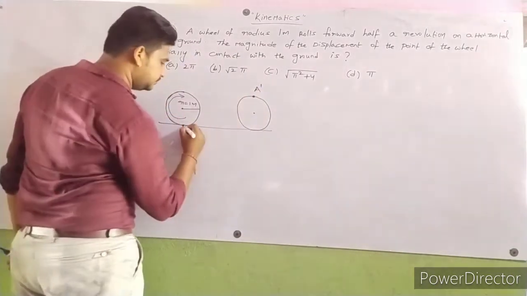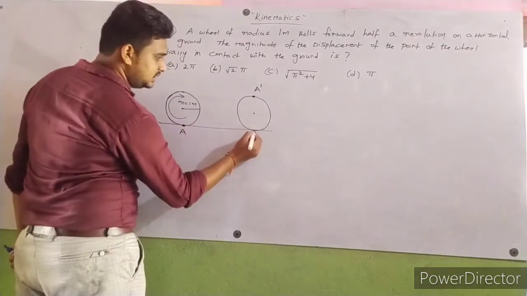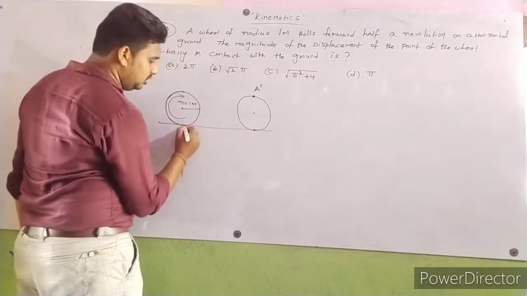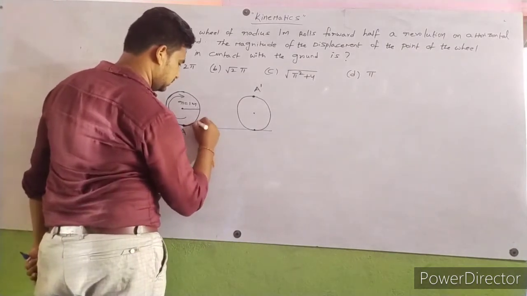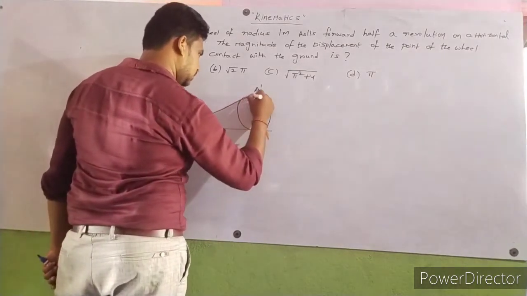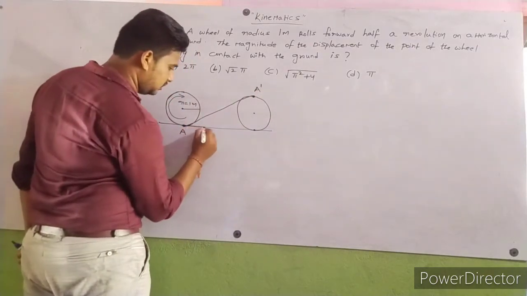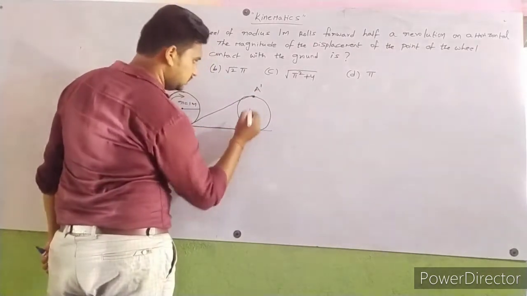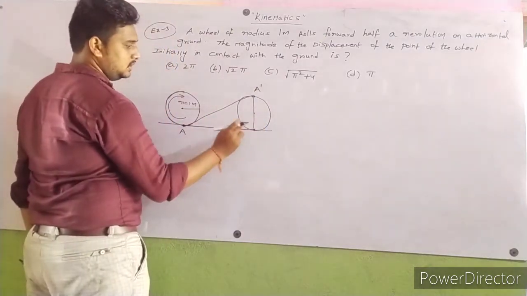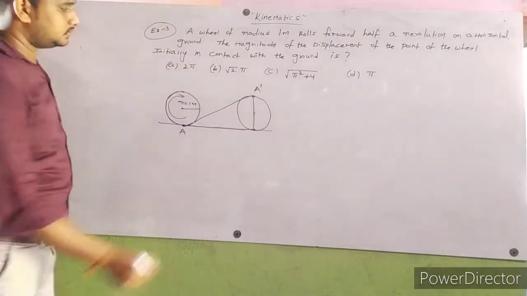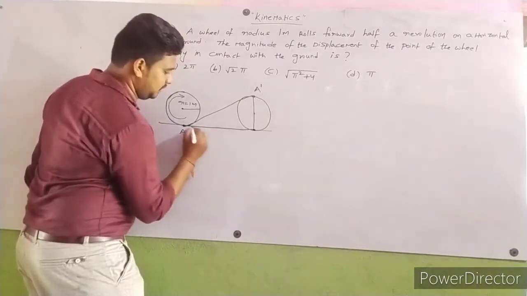So the wheel rotates only half a revolution. Now this distance we want. How much distance is it going to be?